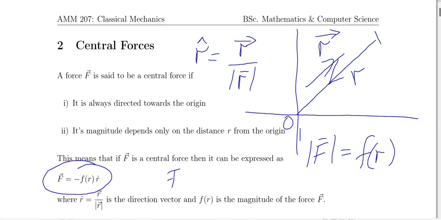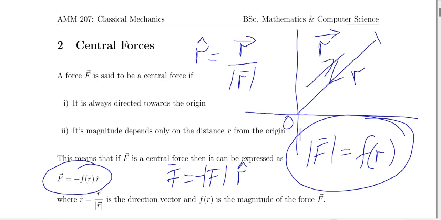So we can write the force F as the product of the magnitude of F times the direction of the force F. Because the direction is opposite that of r, we put the negative here to indicate that the direction is opposite. But remember, the magnitude of F is equal to F(r), so we come up with this kind of expression for the central force F.